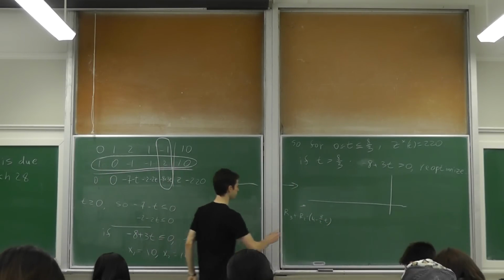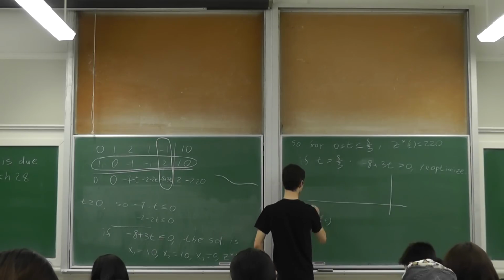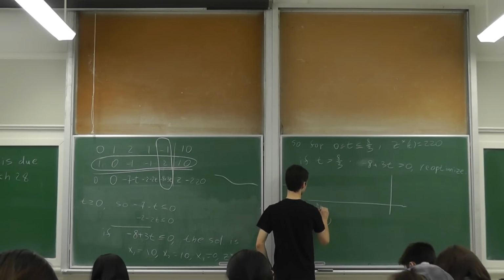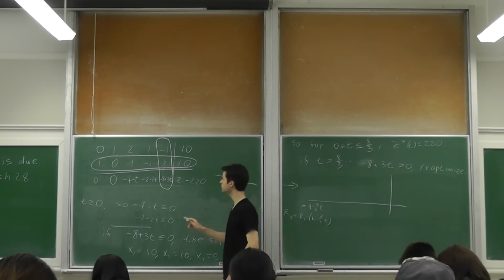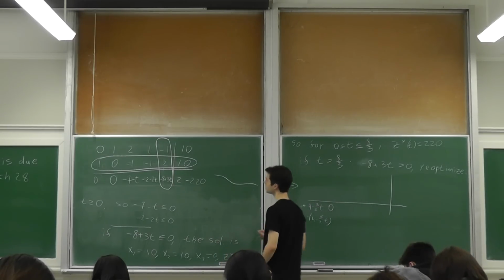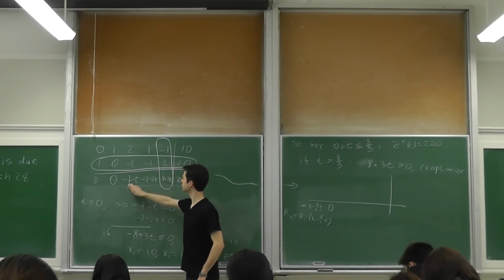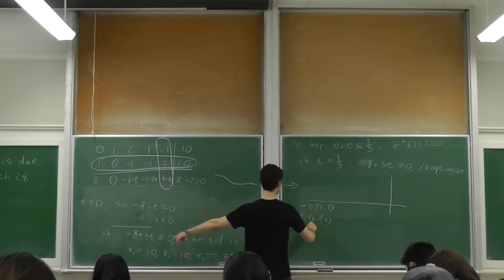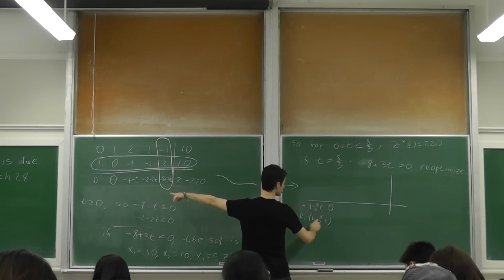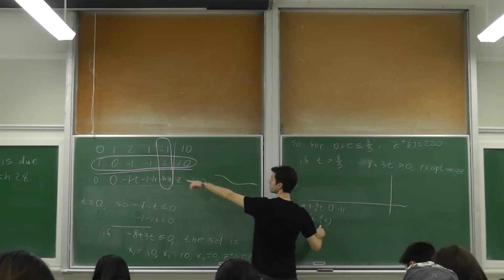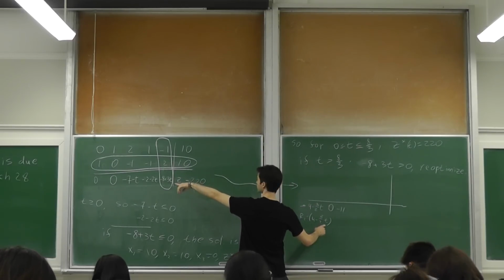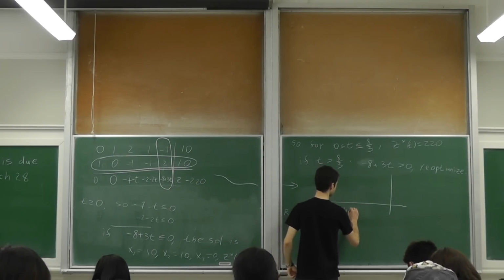Okay, so it will be 4 minus 3 halves of t. First entry, second entry is 0, third entry is minus 7 minus t, minus 4, so minus 11, and plus 3 halves of t, plus t over 2.